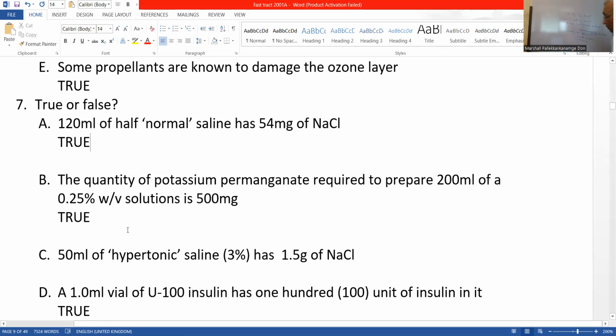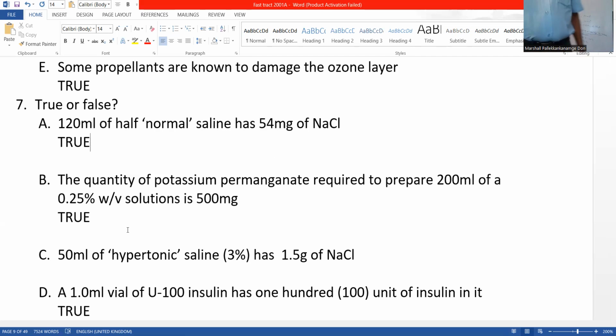So question B. The quantity of potassium permanganate required to prepare 200 ml of a 0.25% weight by volume solution is 500 milligrams.